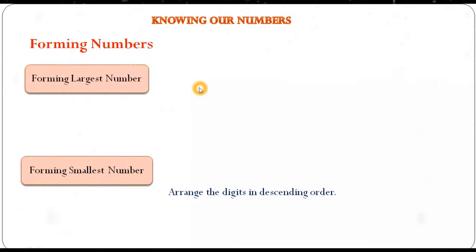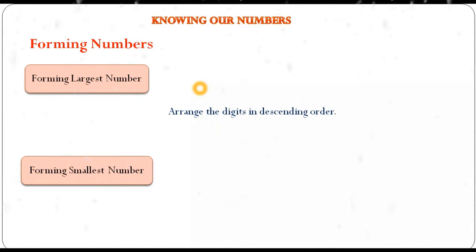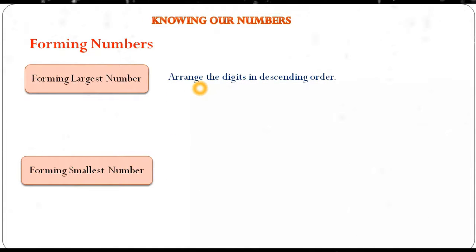Now, for forming the largest number from the given digits, you just have to arrange the digits in descending order, because for the largest number, you have the biggest digit at first, right? So you just have to arrange the digits in descending order.